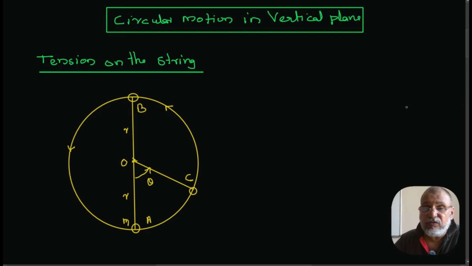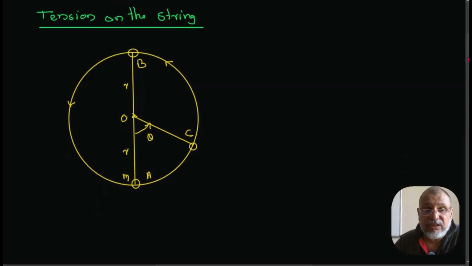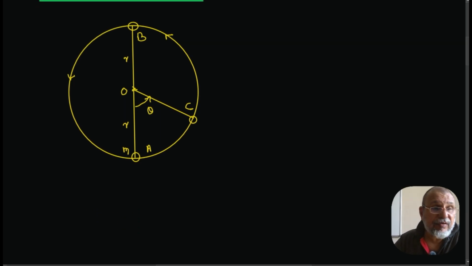Now, there are two forces acting on the body. Let's show them. Here we have the weight of the body acting downward. Let's mark it as W, that is equal to mg. And we have the tension on the string acting along the string.